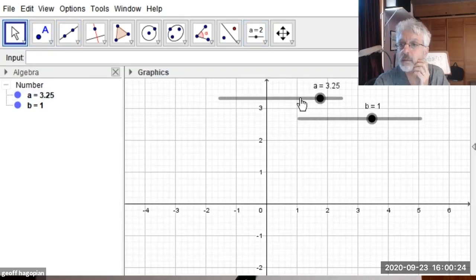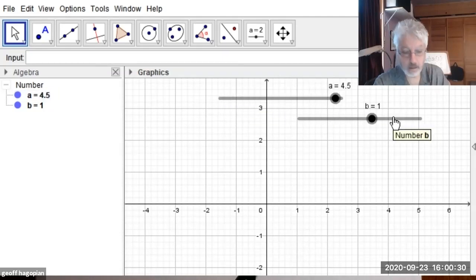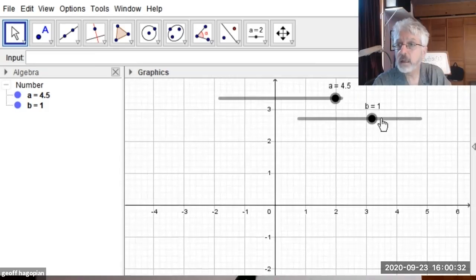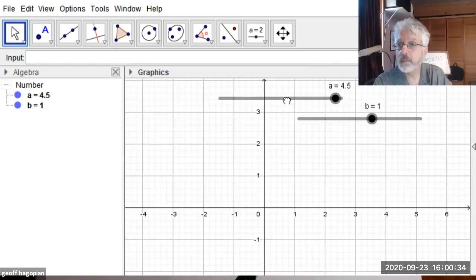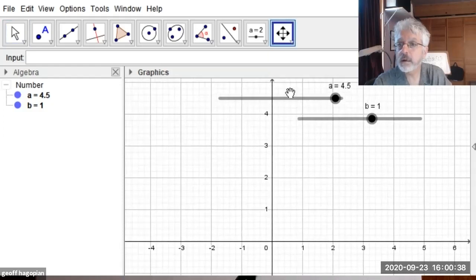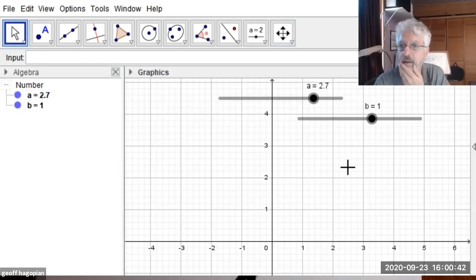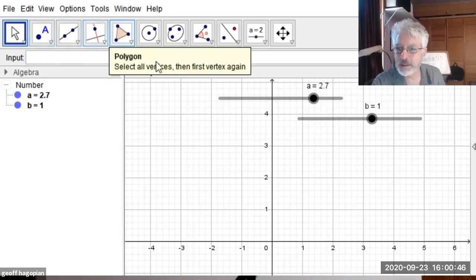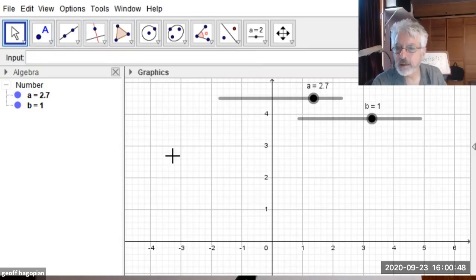Oh, I want to move the whole slider. No, it won't let me. It'll only let me slide. Okay, that's fine. I guess it doesn't matter where it is. I'm sure there's some way of moving it, but never mind for now.